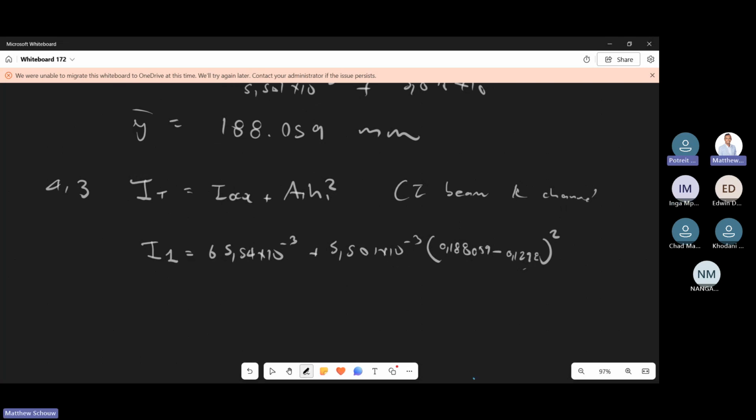So is everyone with me? What this value is, is the distance from the center of the actual element to the center of the whole assembly. That's what the H1 actually is.